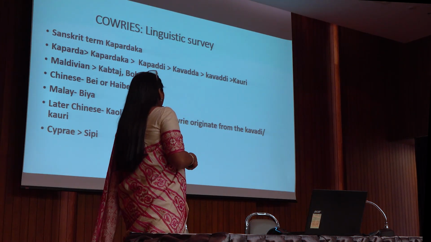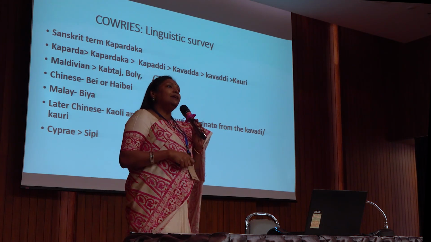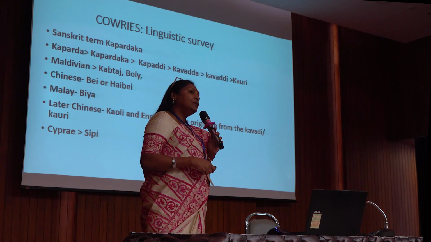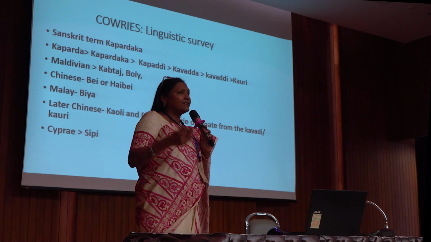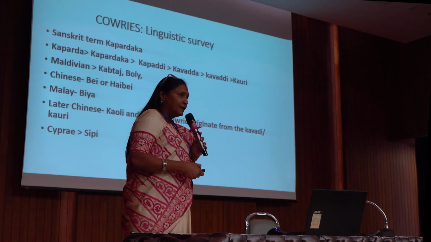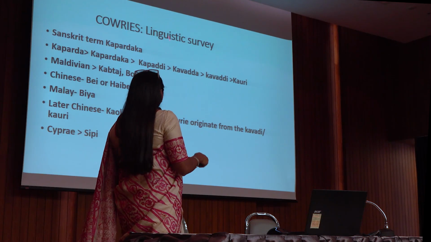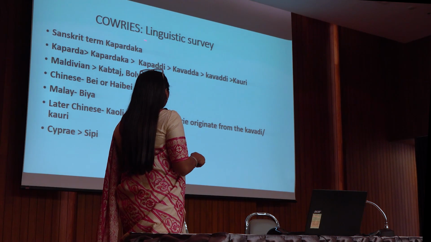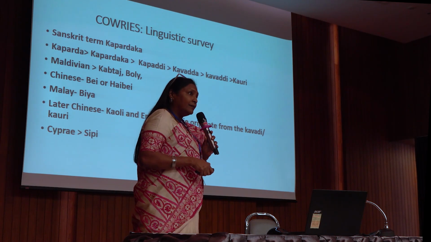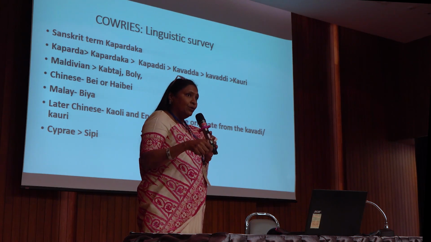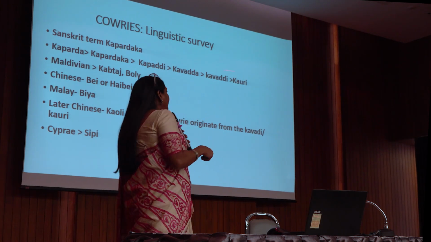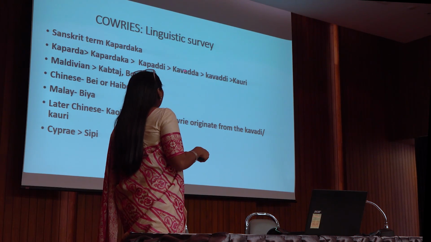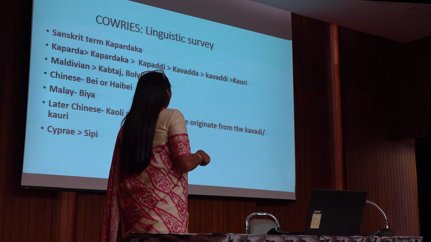But before we contextualize, let me talk about the words which we use for cowrie shells. The Sanskrit term for cowrie shell is kapardaka. We have to remember that in Sanskrit we call it kapardaka. In Prakrit, we have Pali and Prakrit, 2 more languages, kapardaka is called kapadda or kavadda.